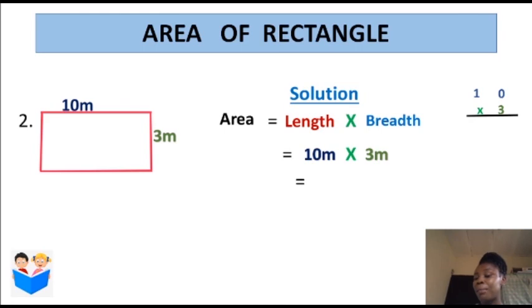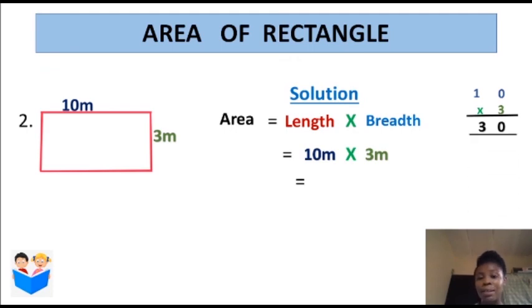Multiply 3 by 0. 3 times 0 means 3 is not appearing at all. So 3 times 0 is 0. Any number multiplied by 0 is equal to 0. Then the next one is 3 times 1, which is 3. And you see the answer there is 30.